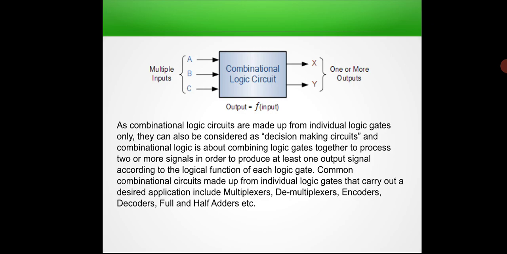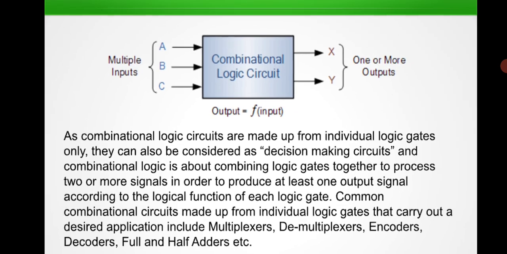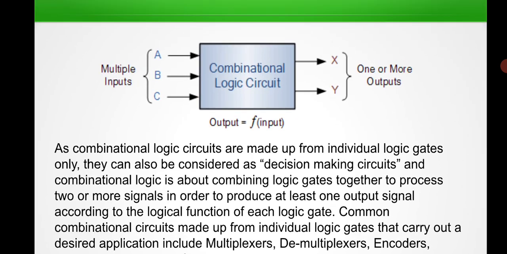Fine. So you can see this image. You have multiple inputs in that image, like A, B, C, and so on. You are giving those inputs to a function, f of input. Whatever input you are giving, there will be some function, and based on that you are going to get the output. So one or more outputs can be expected.